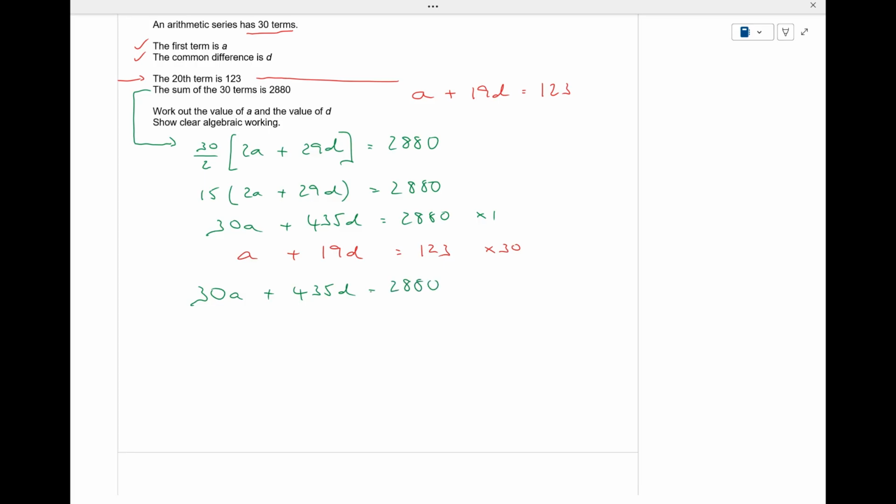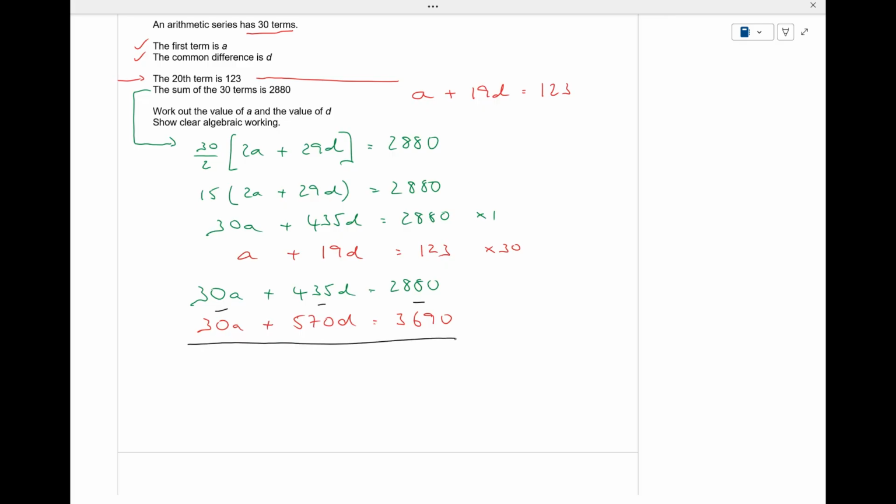Right, 30 times A is 30A plus 30 times 19, 570D, equals 30 times 123, 3,690. I'm going to subtract the equations now.